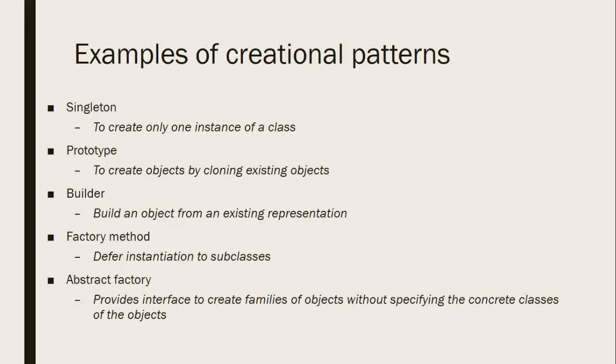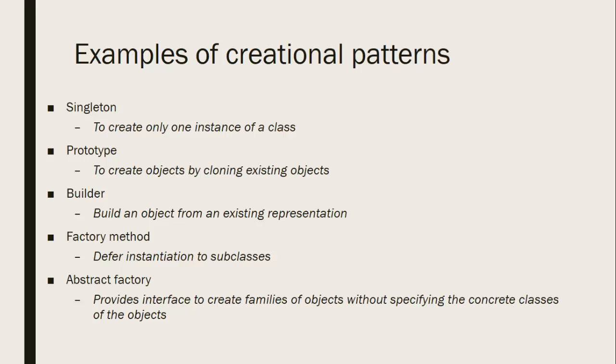Here we have some examples of the creational patterns. The singleton pattern is to create only one instance of a class. That means we can create several objects of the same class, but these objects are unchangeable. We can use them as is. Prototype is to create objects by cloning an existing object.